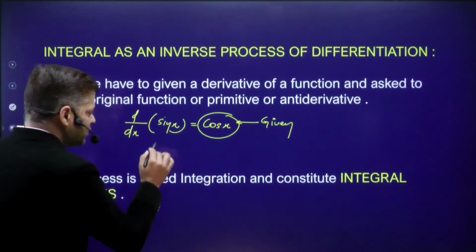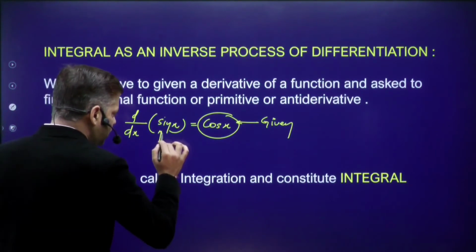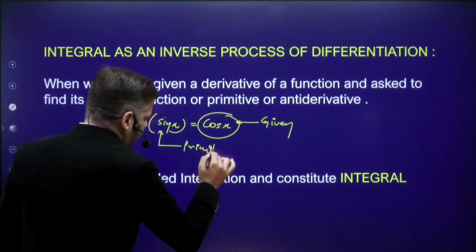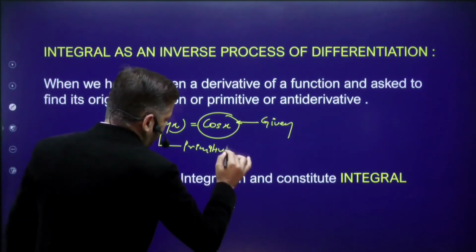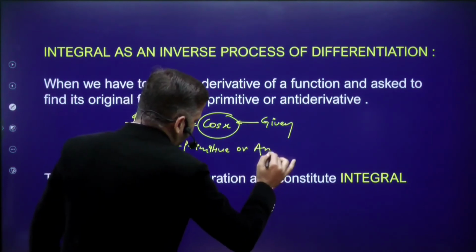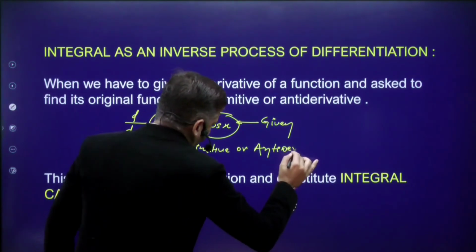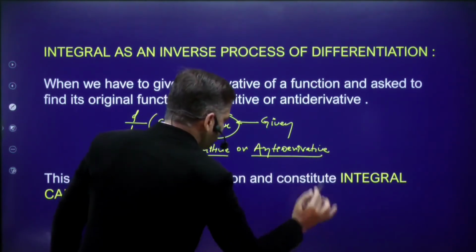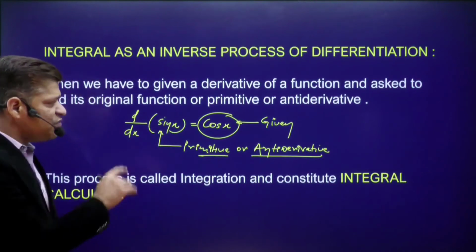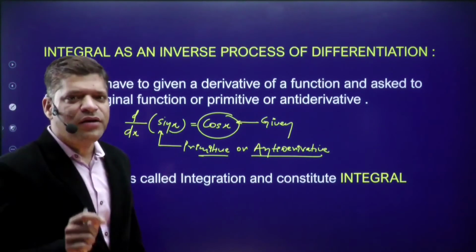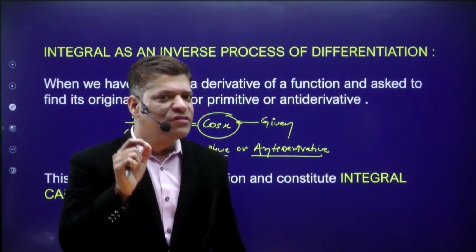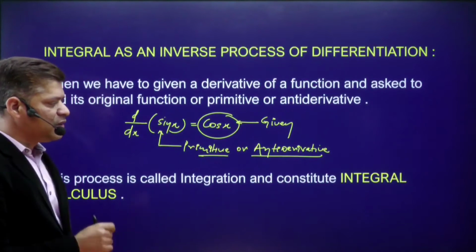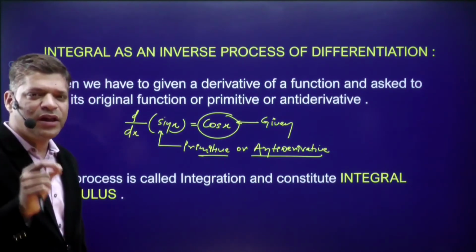This function sin x, which we have to find, is called the primitive or antiderivative. This is basically what we have to find. This process of finding the antiderivative is called integration, that is, finding the integral of any function.